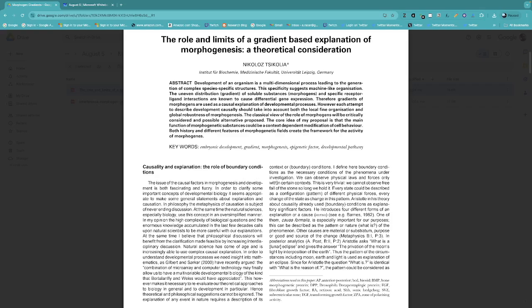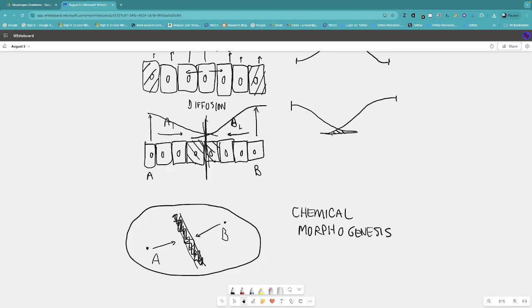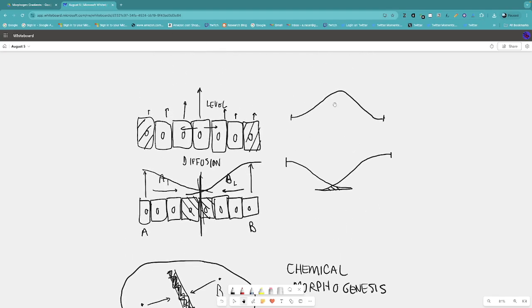So the uneven distribution of gradients in soluble substances, morphogens, and specific receptor-ligand interactions are known to cause differential gene expression. So gradients can be evenly distributed, but they're usually unevenly distributed. If we go back to our image here, we have sort of a bell curve in this example.